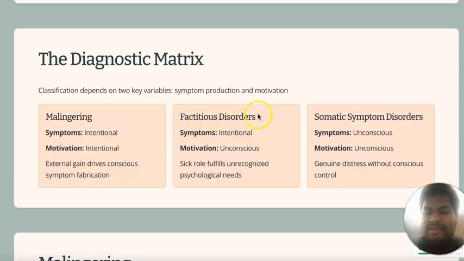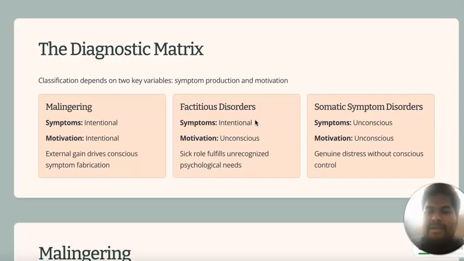In factitious disorder, the motivation is unconscious. That means the people did not plan to do it. They didn't do this willingly, under full awareness.